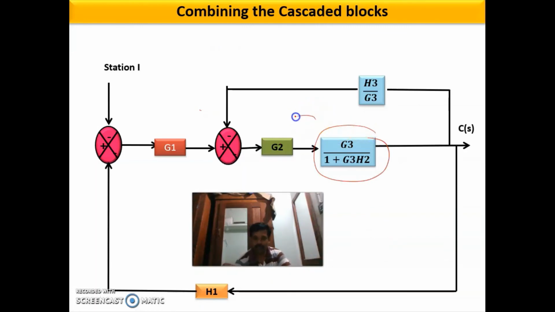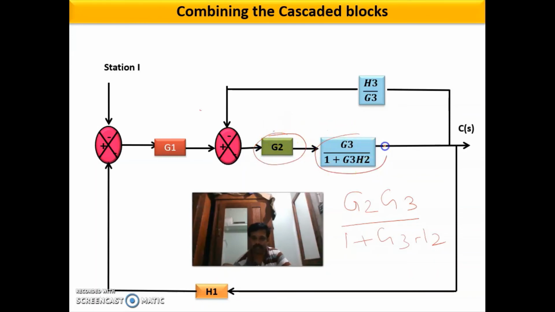Now these two blocks are in cascade, so the equivalent is G2 G3 divided by 1 plus G3 H2, the product of these two gains.